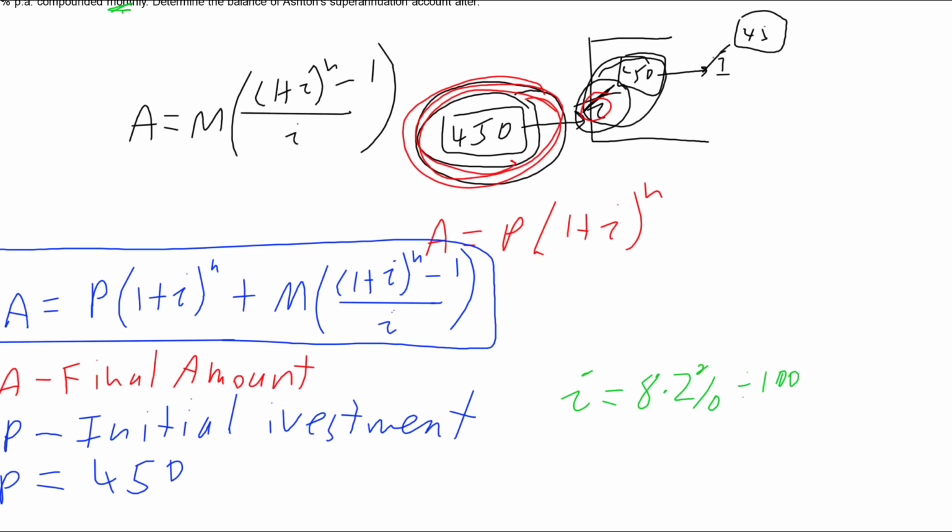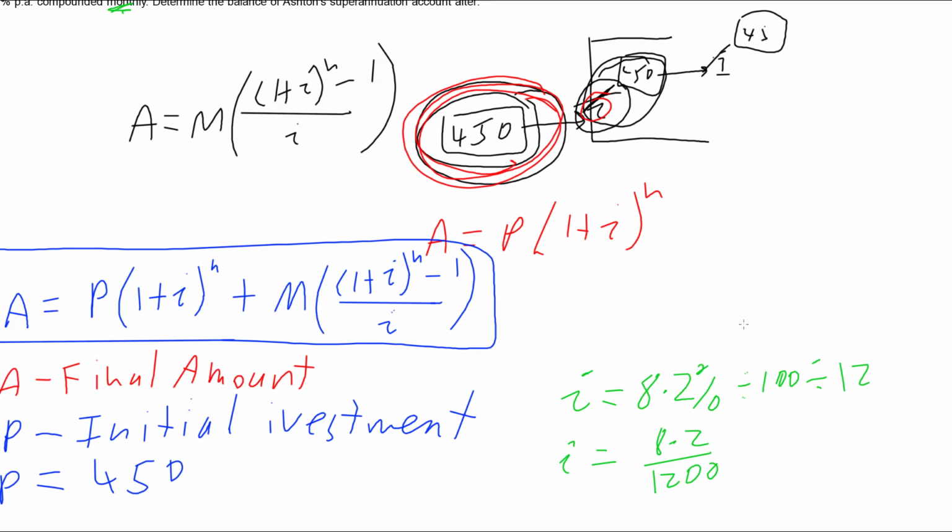Just for simplicity's sake, we're going to leave that as the fraction 8.2 over 1200. That's because this ends up being a reasonably ugly decimal with lots of decimal places, so we'd end up rounding it and having a rounding error, and we don't want that.